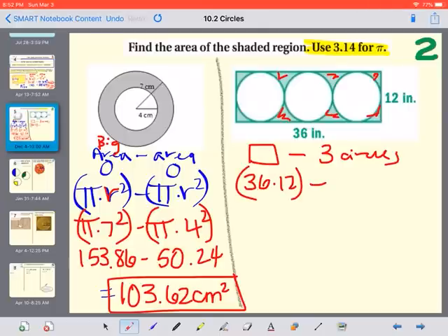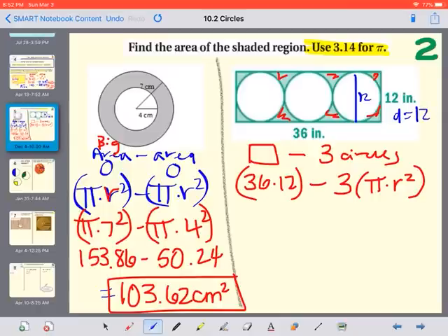And we're going to end up subtracting 3 circles, and the formula for our circle is pi times radius squared. We know the diameter is 12, because that's the distance across from one edge to the other, so our radius must be 6. Pi times 6 squared. We have 3 circles, so that's why we're multiplying by 3. So let's start multiplying this all out.